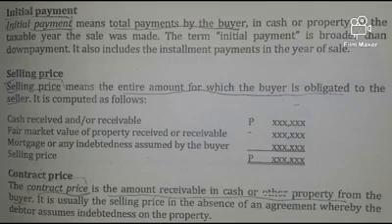So the initial payment is the total payments made by the buyer in cash or property in the taxable year the sale was made. So we're going to determine now how much is the total payments made by the buyer within the year of sale. The initial payment is composed of the down payments and then the installment payments made during the year of sale.